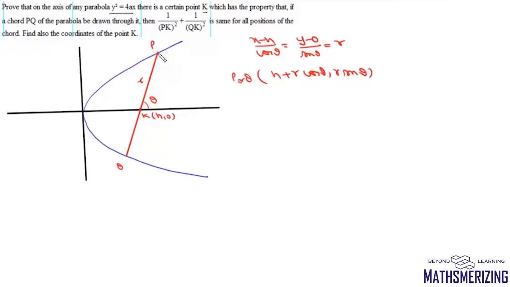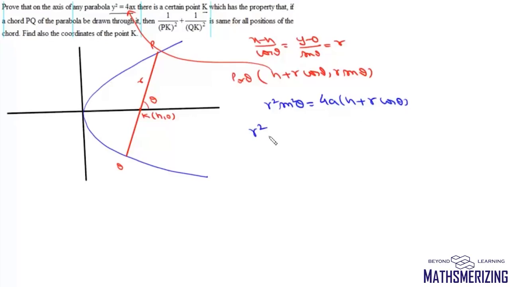Now these points p and q lie on the parabola, so we'll just put the value of x and y in the equation. Then we can write it as r square sine square theta equals 4a (h plus r cos theta). So we'll get a quadratic equation in r.